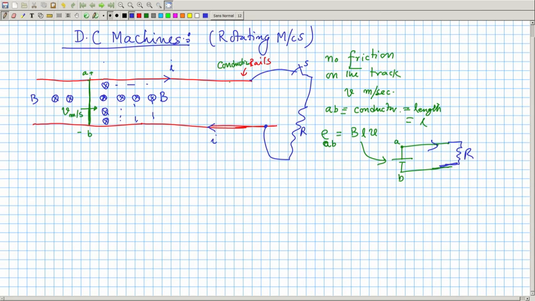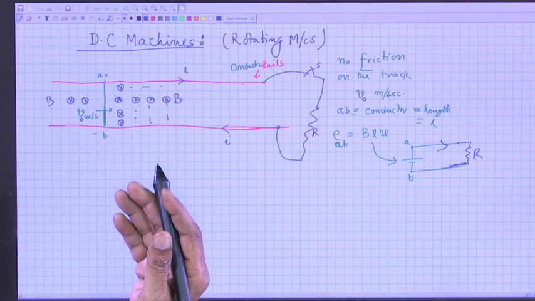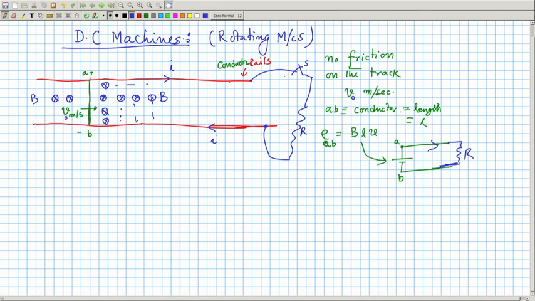Let the initial velocity be v naught, meter per second. And my target is to find out, when I close this switch, how much will be the current and how long will the current flow, things like that.